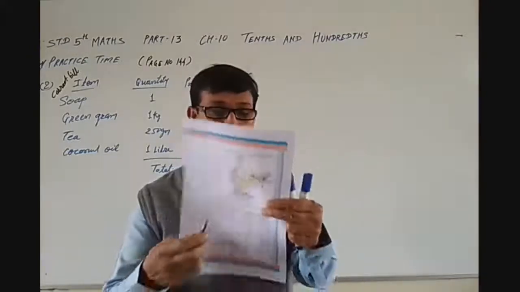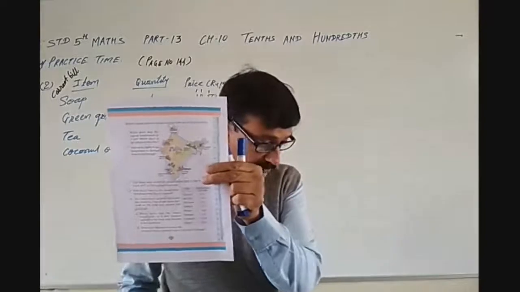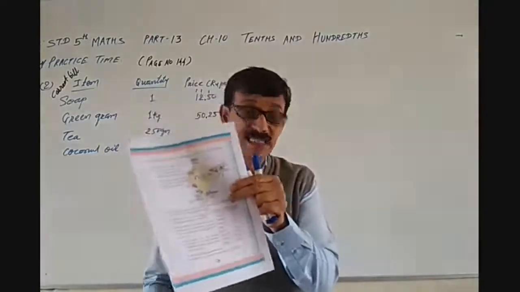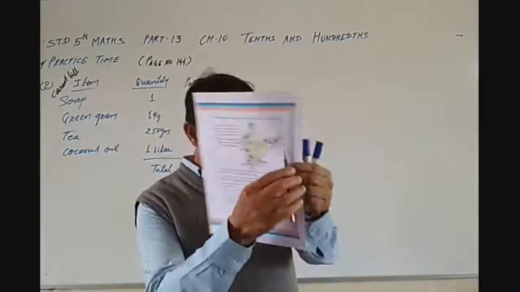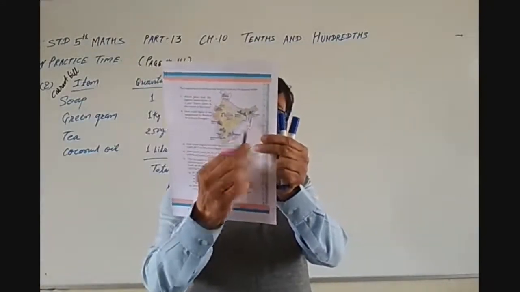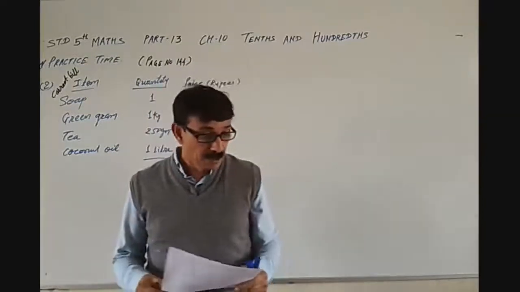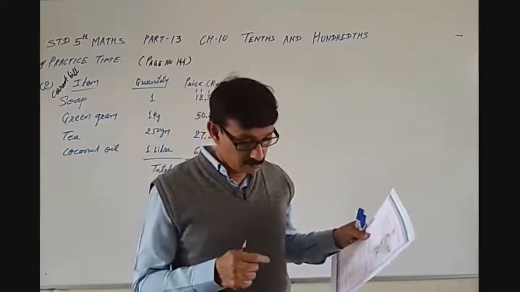Then in Kolkata it is 26.6 degrees Celsius, and in Guwahati it is 24.8 degrees Celsius. Okay, now can you find out where the temperature is maximum?